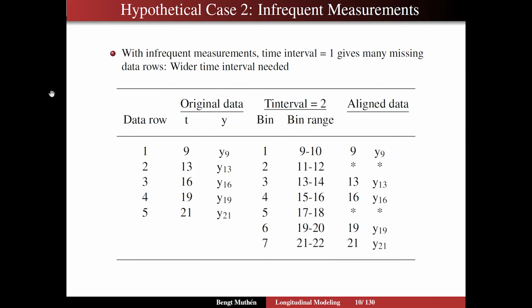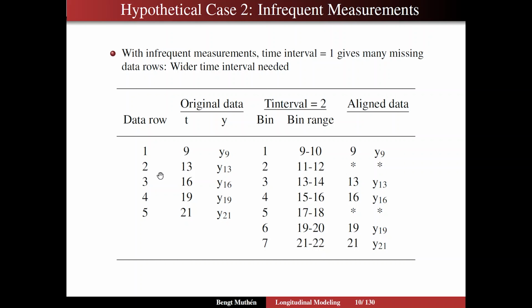On slide 10, we have a second hypothetical case, in this case, infrequent measurements. So with infrequent measurements, time interval 1 would give many missing data rows. If you look at this original data set here, we observe somebody at the hour of 9, 13, 16, 19, and 21.